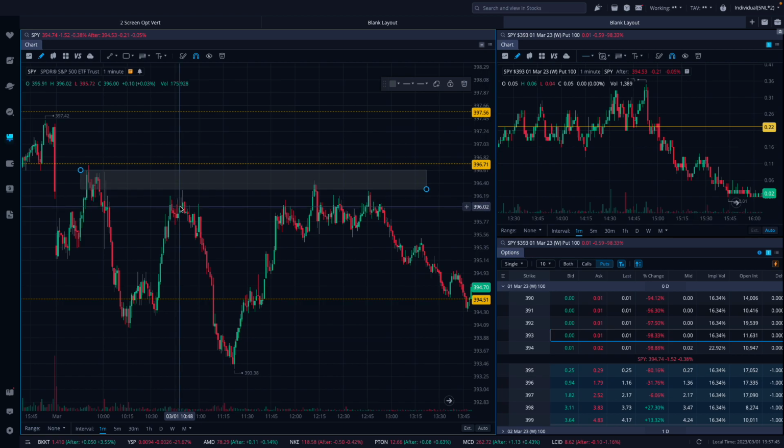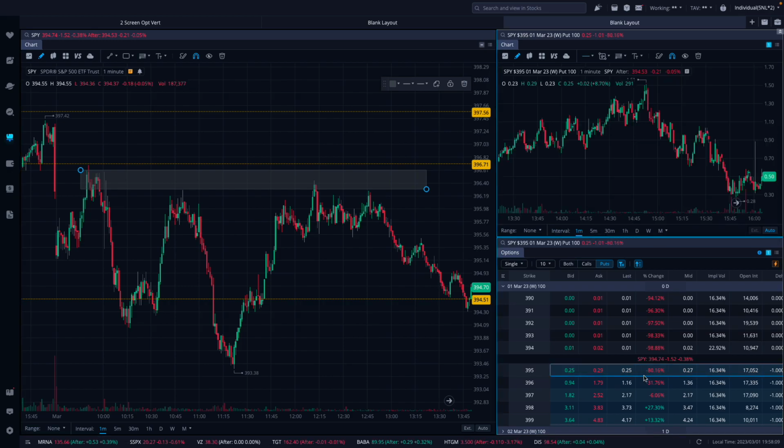A reasonable strike for you would most likely be 395, 394 max. Never, especially on 0 DTE, even 1 DTE, really don't buy more than 2 strikes out of the money. Unless you're buying really long expiration, just don't do it. So let's just look at the 395s. Right here, we're at 10:51.